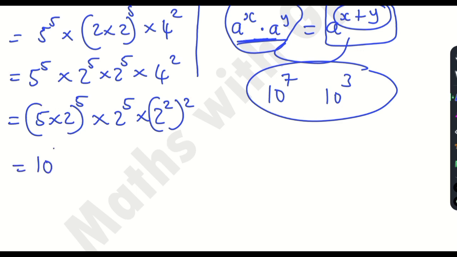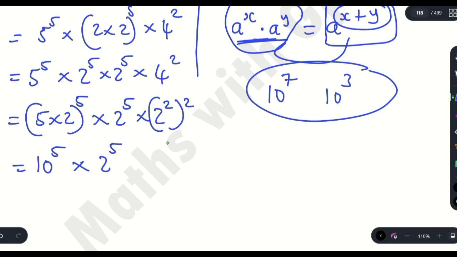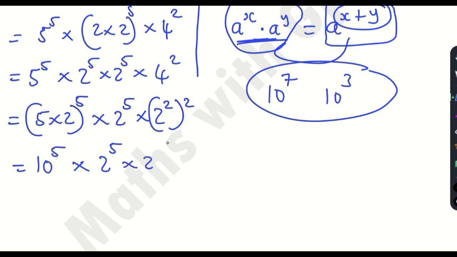So that's 10 raised to the power of 5. It's easy to manipulate this because it's a base of 10. Then let's come here, 2 raised to the power of 5. I am going to use the power of a power rule here because this 2 is a power, this is another power, so you can just multiply both of them. So that will give you 2 raised to the power of 4 because 2 times 2 is 4.